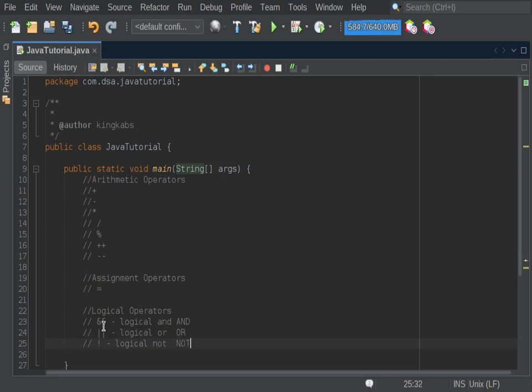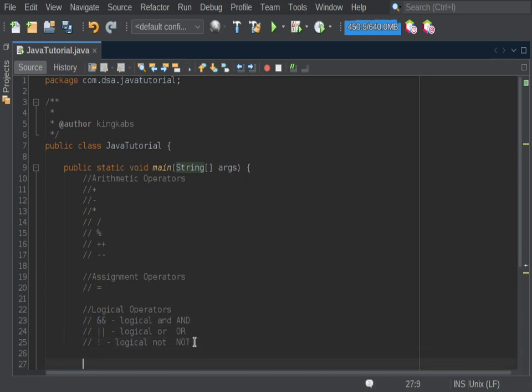But most of the time we use the signs: for the logical AND, the two ampersand signs; for the logical OR, the two pipe signs; and for the logical NOT, we use the exclamation sign to evaluate a logical NOT.